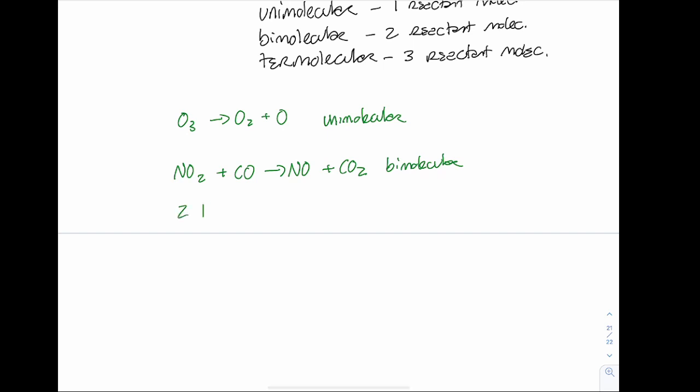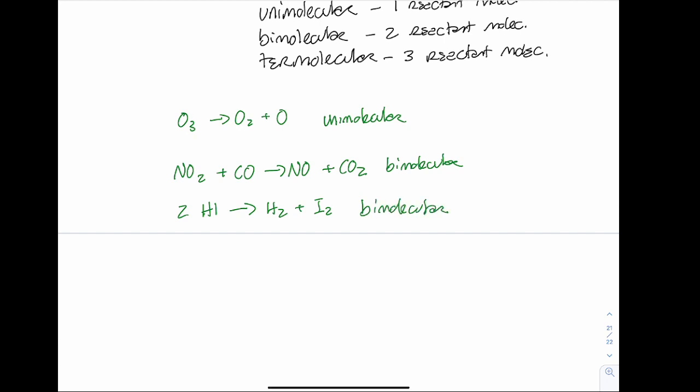So 2HI makes more sense to just show you, going to H2 plus I2. So again, I have two reactant molecules, right? There's two HIs, so HI plus HI. This would also be considered bimolecular.